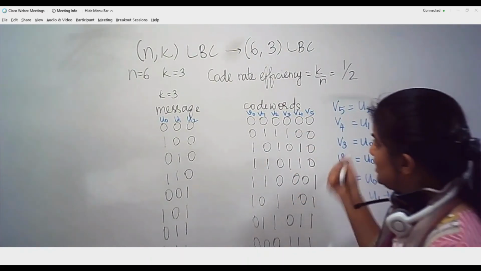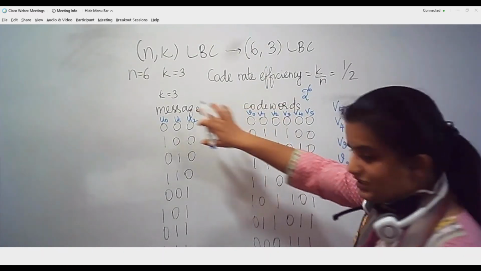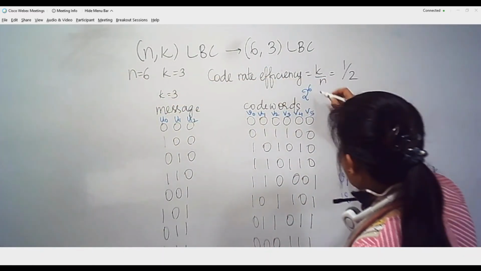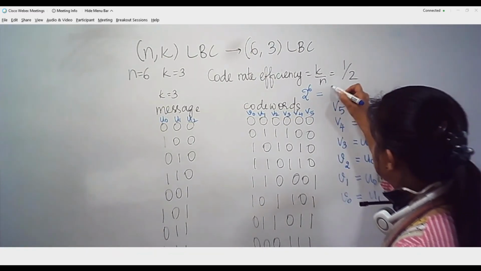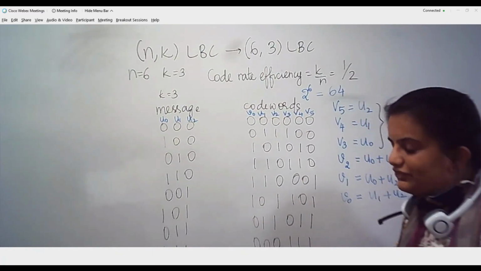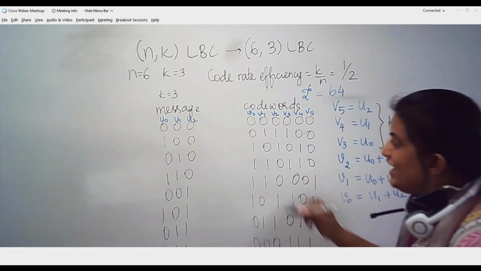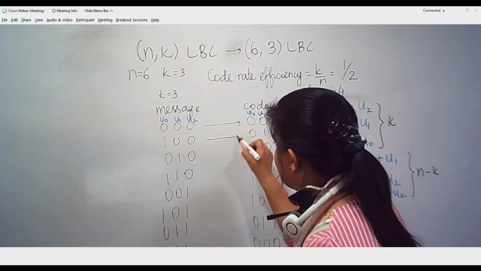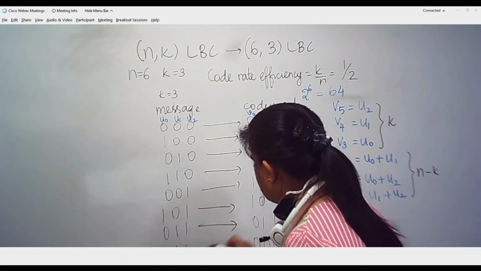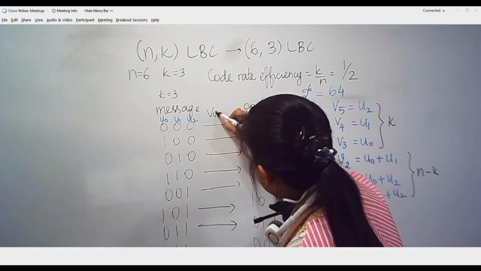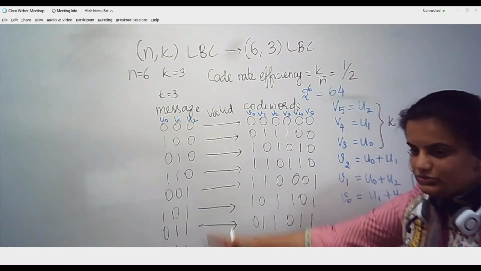Now you can see, in this particular set, n is equal to 6. Out of 2 power 6 combinations, 2 power 6 means how much? It is 64 combinations we will have. Out of the 64, only 8 code words are valid, and only 1 code word is possible for every message bit combination.